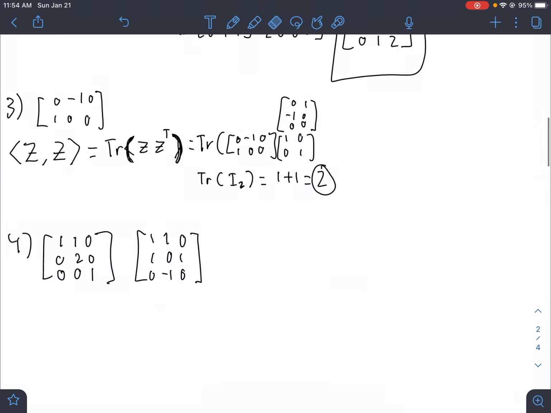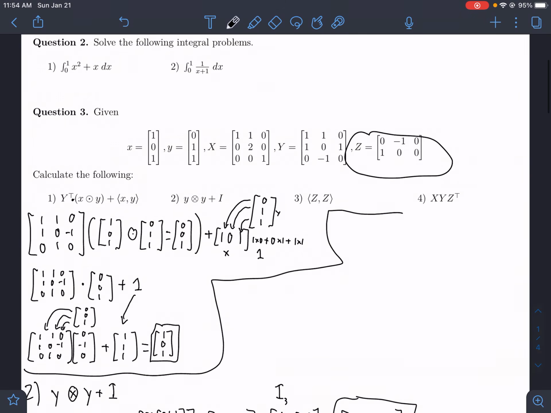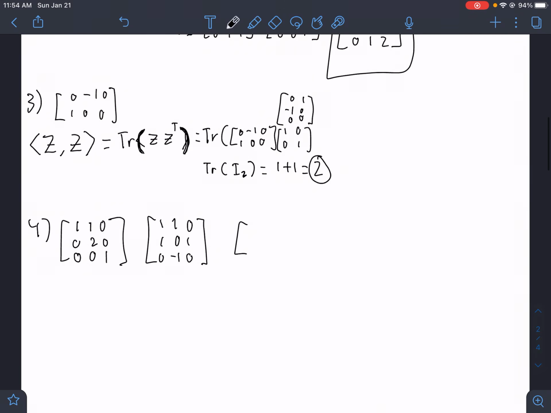Z transpose, right? Yeah, Z transpose. We have it up here, so it's just 0, negative 1, 0, 1, 0, 0.